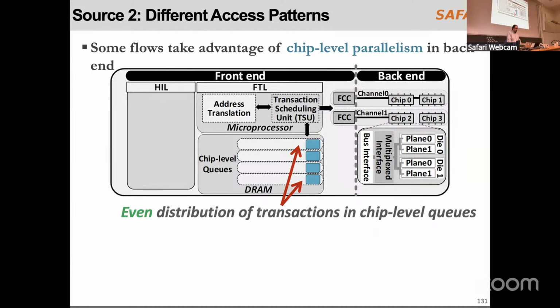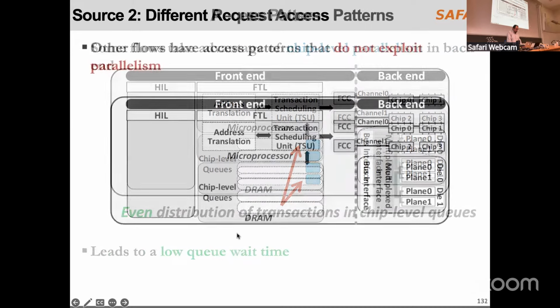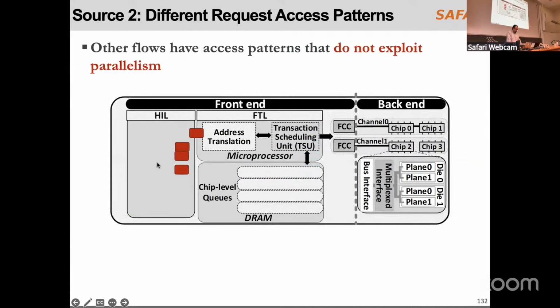Some applications have what we call a sequential access pattern in the terminology of storage, so you can distribute them nicely across different queues. But once you have other applications like this, they can interfere.